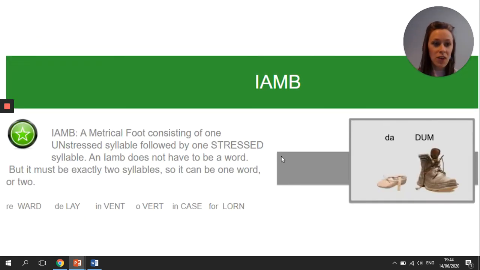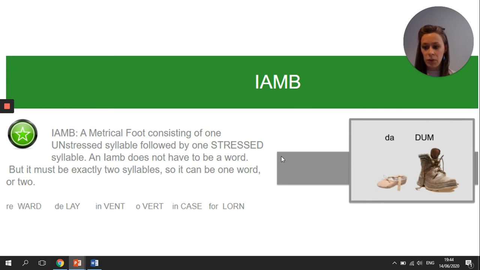I'll give you the first and most important example, the iamb. This is important for Year 7 and Year 8, okay? The most common metrical foot, because it reflects the natural cadence of our speech in the English language. An iamb is just like the one we saw, an unstressed and then a stressed syllable.